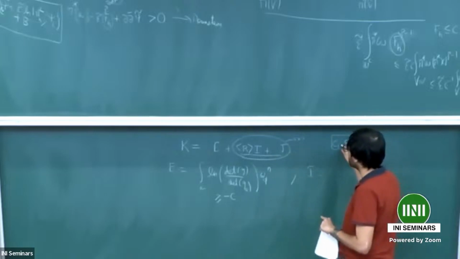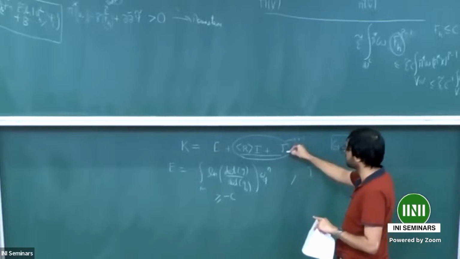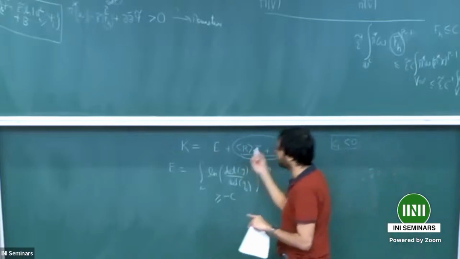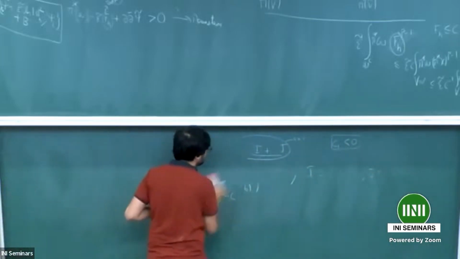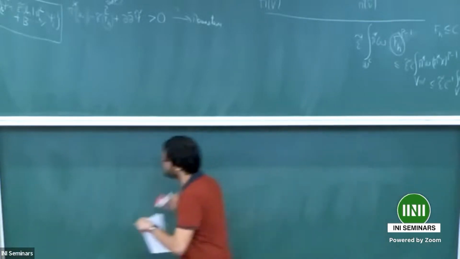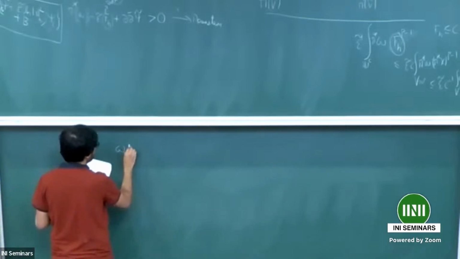So if C1 is less than 0, then this is convex along geodesics. So if it has a critical point, it's bounded below. And then you can hope to find constant scalar curvature Kähler metrics. So the critical point equation of this functional is a special case of the J equation, which is this PDE.